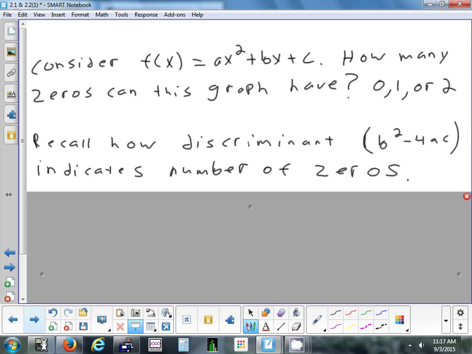There were three cases. You remember what you're looking for if you do b squared minus 4ac. There's 3 things that it could come out to. Yep, if it comes out negative, what happens there? There are no solutions. At least, no real solutions. We'll talk about imaginaries later. Okay, so if it comes out negative, no real solutions, wouldn't cross the x-axis. Okay, what else can happen?